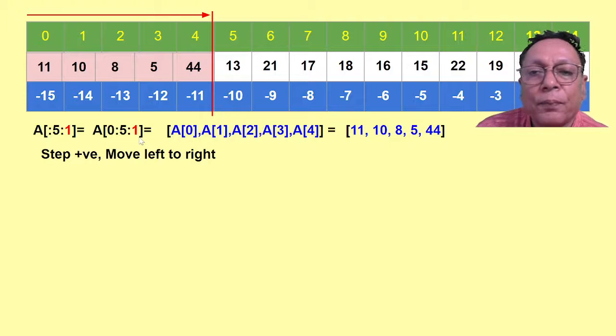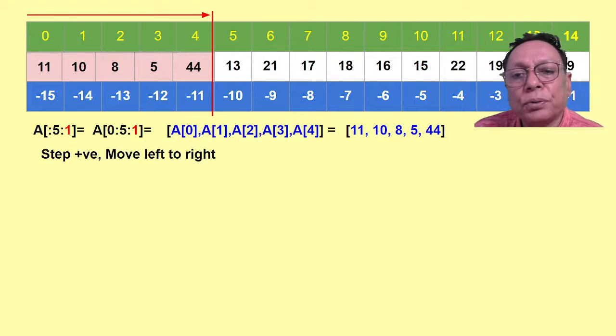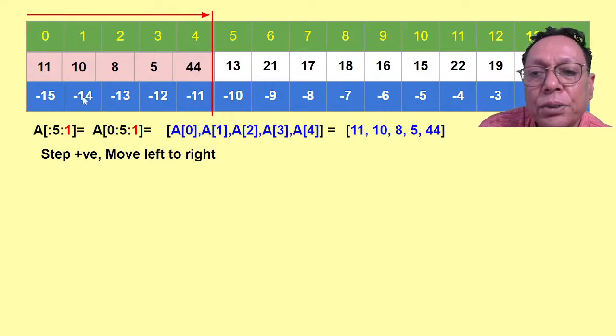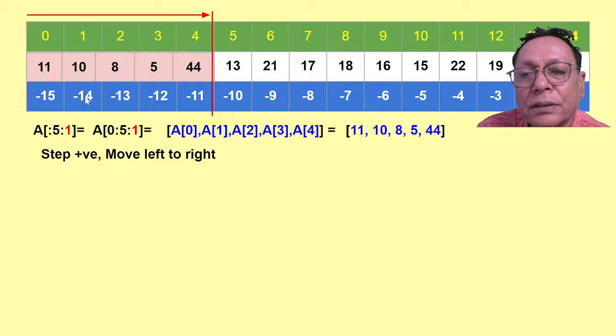So see here, we are moving from 0 to, because we will have to reach 5, and as per the norms, we cannot consider the last index because we will have to move till stop index -1, and that is why it is giving A0, A1, A2, A3, A4. And this way we have excluded A5. And hence we got 11, 10, 8, 5 and 44 as the slice.